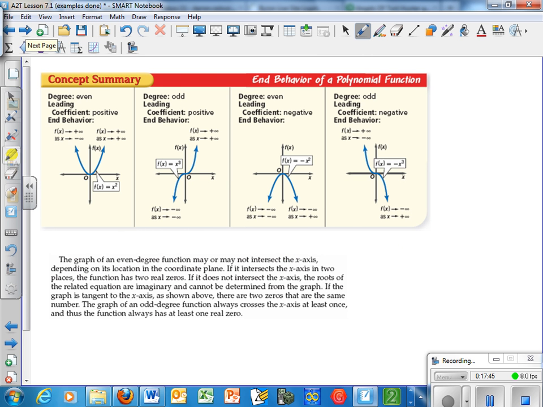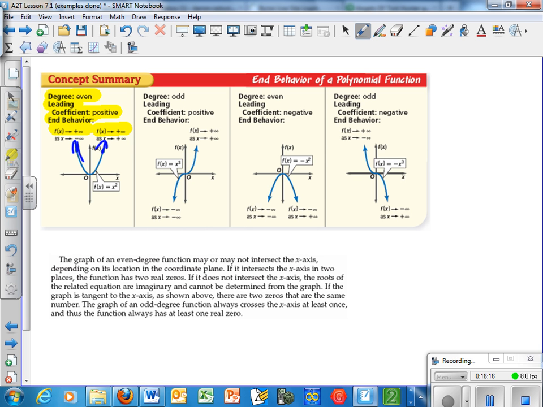All right. So, for an even degree, if the lead coefficient is positive, basically that means the end behavior, and this is kind of the notation you have to get familiar with, this means what the function does, what the graph does. f of x goes to positive infinity. So, if the lead coefficient is positive, let's say f of x equals x squared, it's going up.